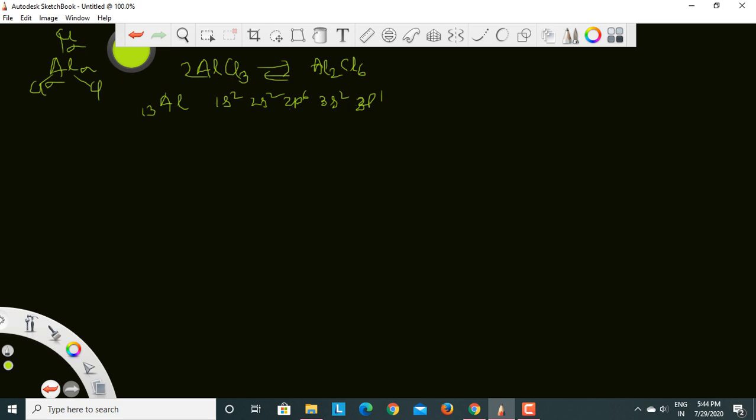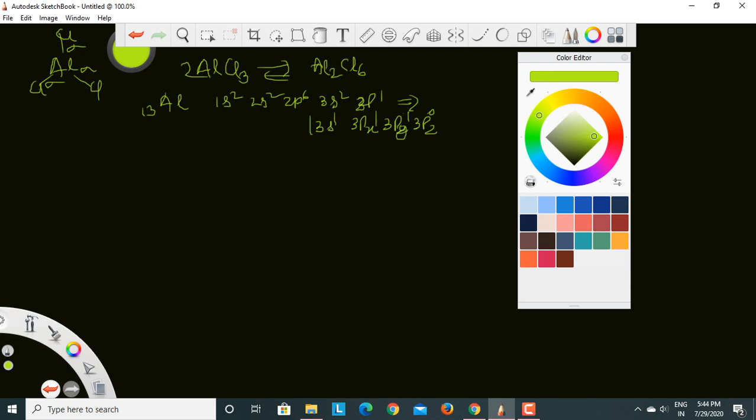So the configuration of aluminium will change: from 3s, one electron will jump to 3py. So 3s1, 3px1, 3py1, and 3pz0.